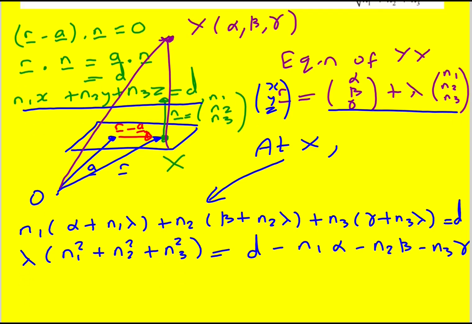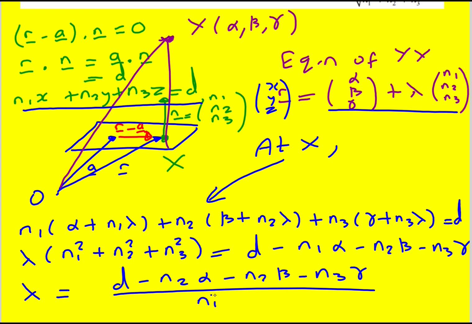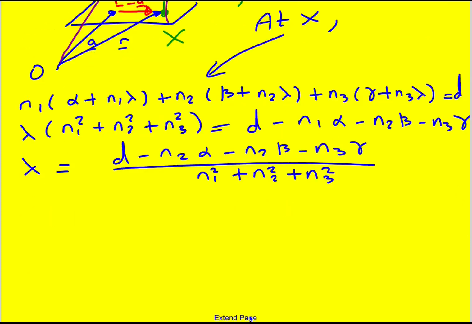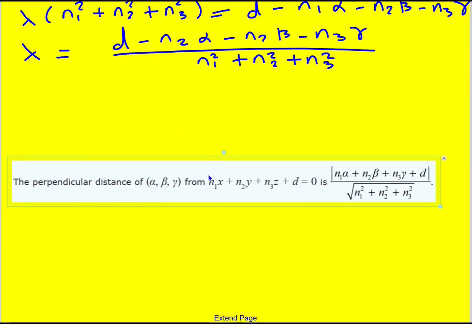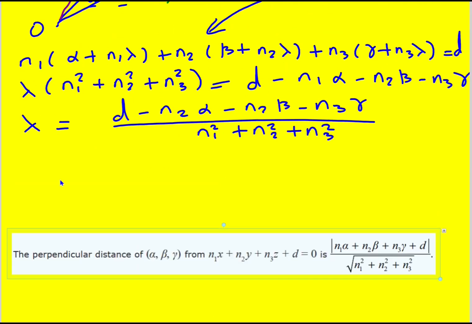So that means lambda is going to equal d minus n1 alpha minus n2 beta minus n3 gamma, all over n1 squared plus n2 squared plus n3 squared. And we're nearly there. But remember, this is the formula we're trying to show. There's a lot of similarities here.